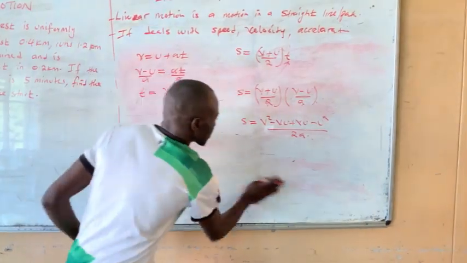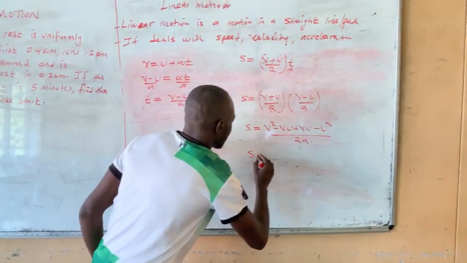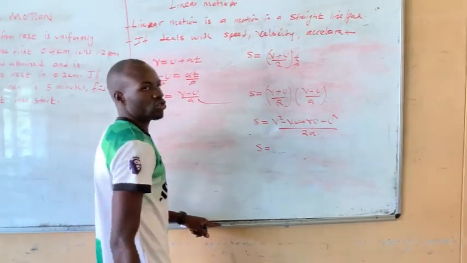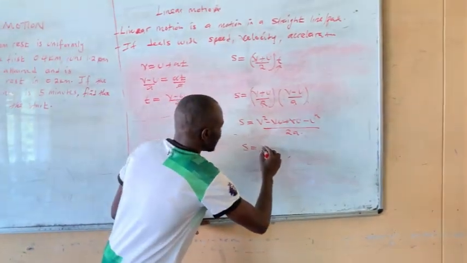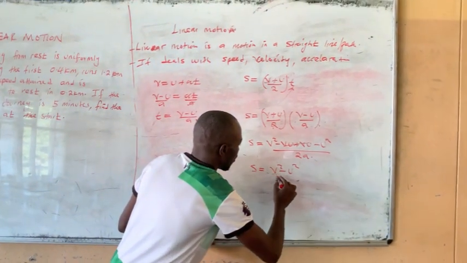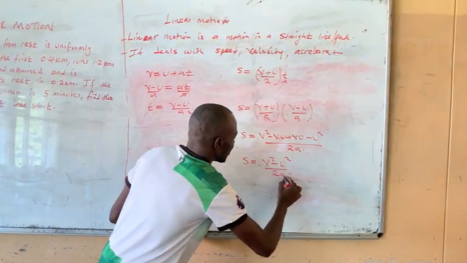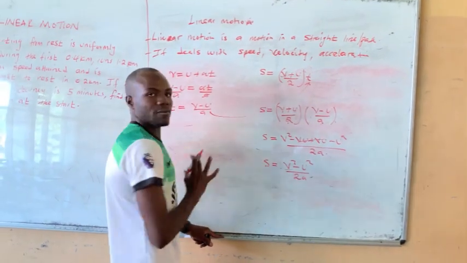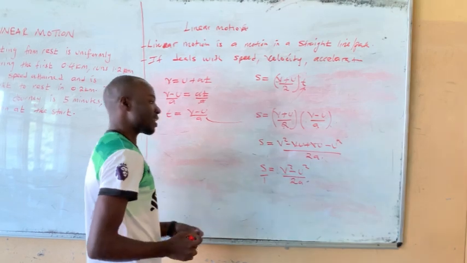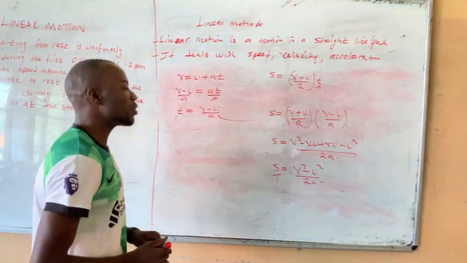So here, s is equal to, this one here will give us 0. So on top will remain v squared minus u squared over 2a. Since this is a fraction, this side we can also say over 1. We make it a fraction there, then we cross multiply.